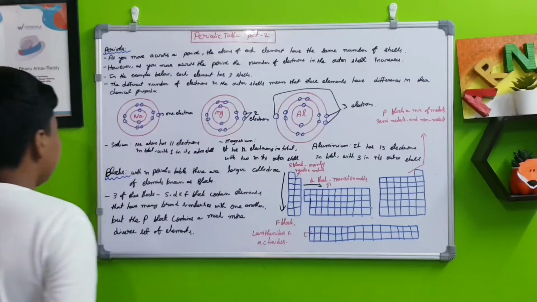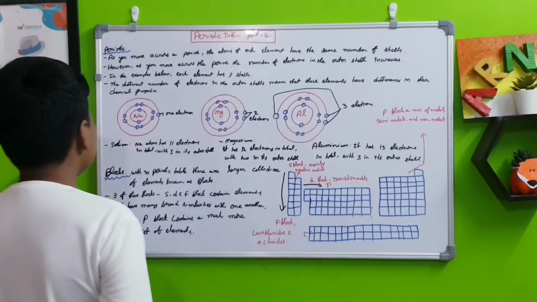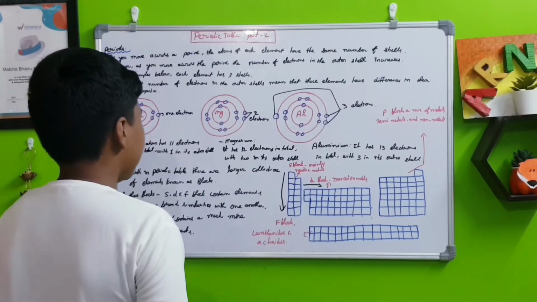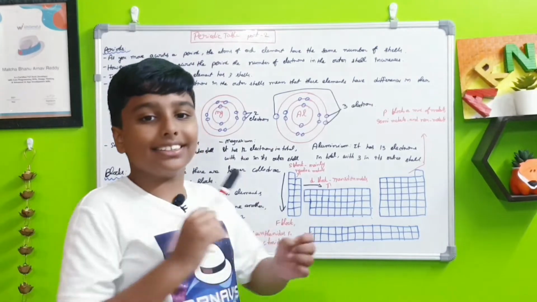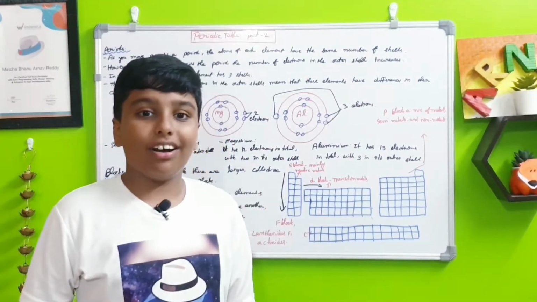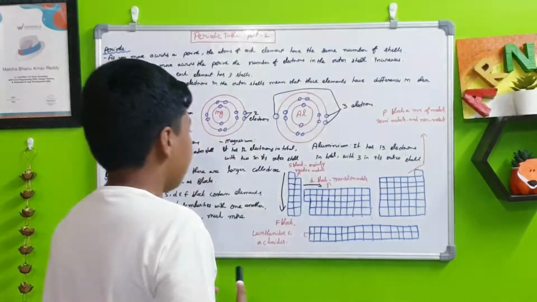Three of these blocks, S, D and F, contain elements that have many broad similarities with one another. For example, the D block elements are all transition metals, so they are all metals. That is the main similarity of the D block.